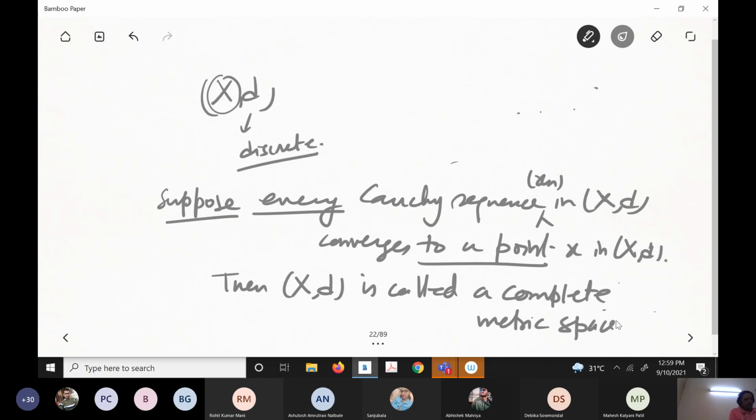Okay. Now the thing is, this is complete. How to prove it? This is a complete metric space.